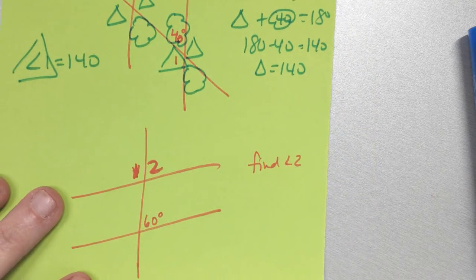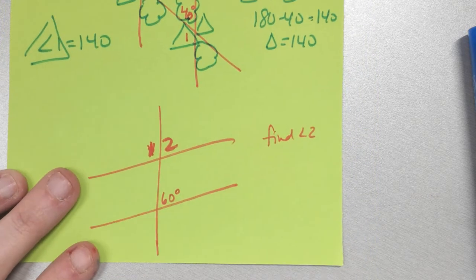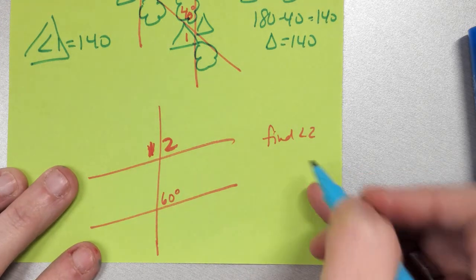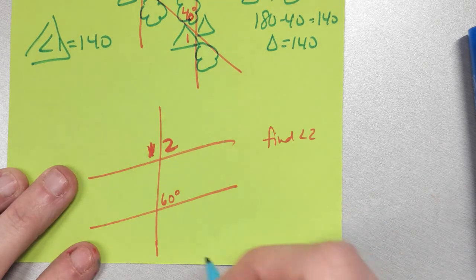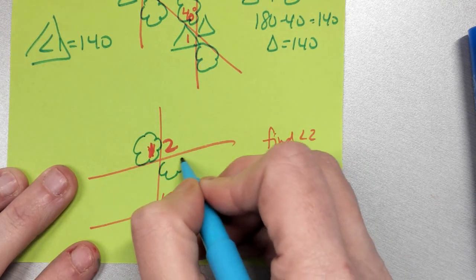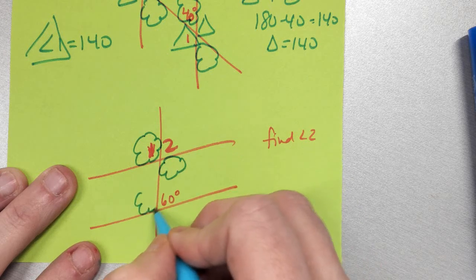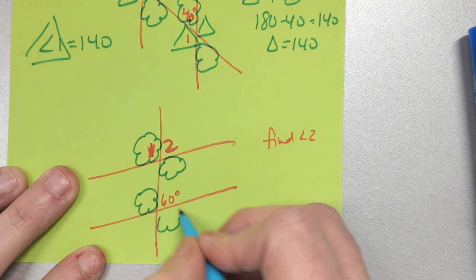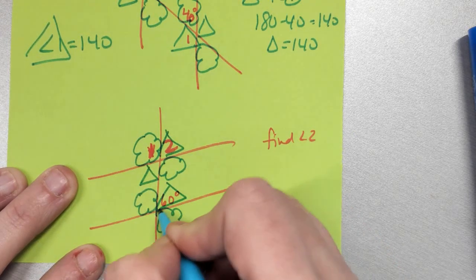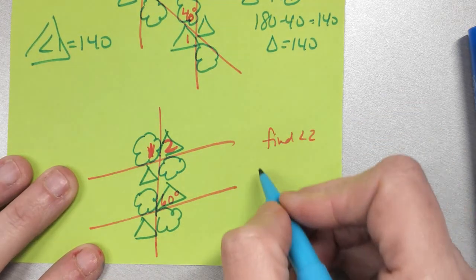Okay, so let's look at this one. This one time I gave you 2 numbers. I gave you a 1 and a 2, and I'm asking you to find 2. So we're going to start by doing our match coding, right? So we do cloud, across the corners cloud, same place in the other intersection, and across the street from it. Triangle, triangle, triangle, triangle, okay?